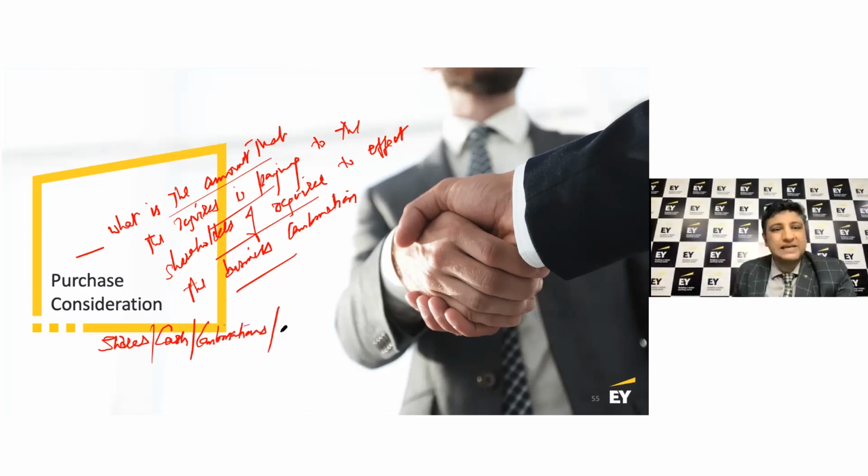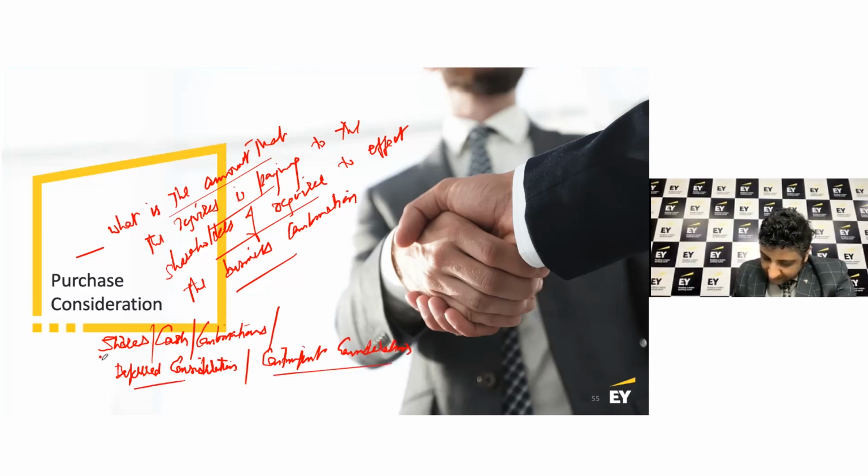Now, there could also be instances of, importantly, a delayed payment, a deferred consideration, as we want to use the term now, or it could also be a contingent consideration, right? So these are the broader types of consideration that we need to know, and we're discussing some basic examples to understand how to measure these, how to value these for accounting purposes.